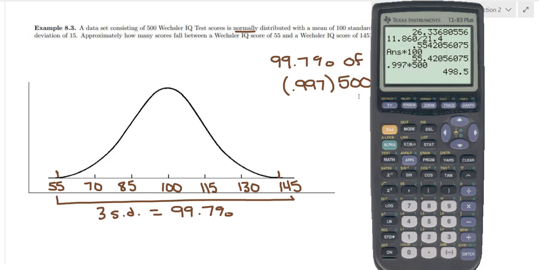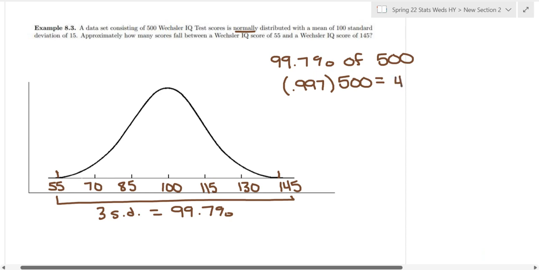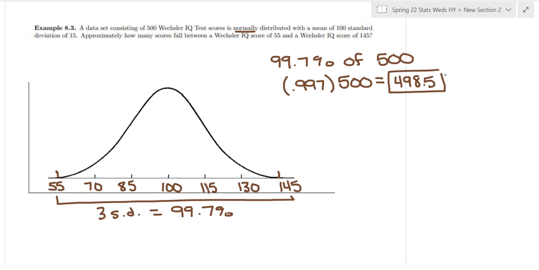So 498.5. You can't have 0.5 of a person, so I'd probably take that and round that up to 499. But it just depends on the question. It might ask you to round or not. This one just says approximately. I'm going to round it to 499. If it marks it wrong, I'll put 498.5.